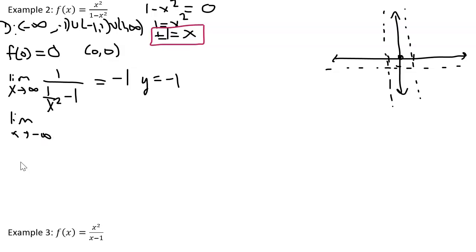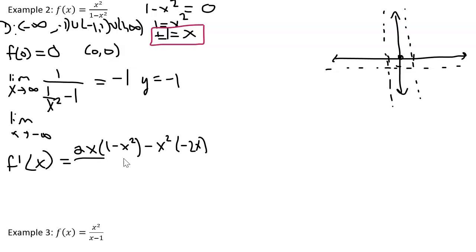Next step is to take the derivative of our function, and we're going to do that using the quotient rule. So bust out your quotient rule from memory. We've got the derivative of the first function, which is 2x, times the denominator, minus the numerator times the derivative of the denominator, all over the denominator squared.